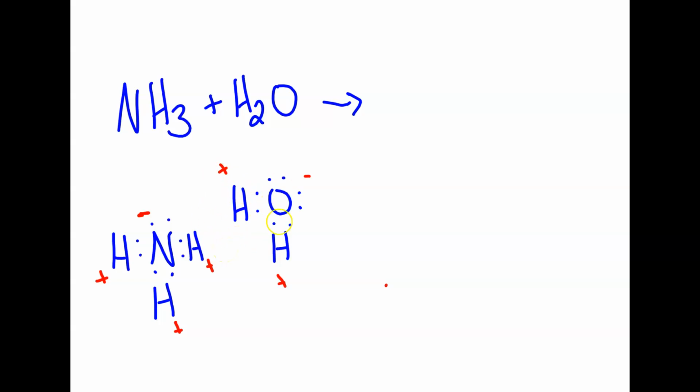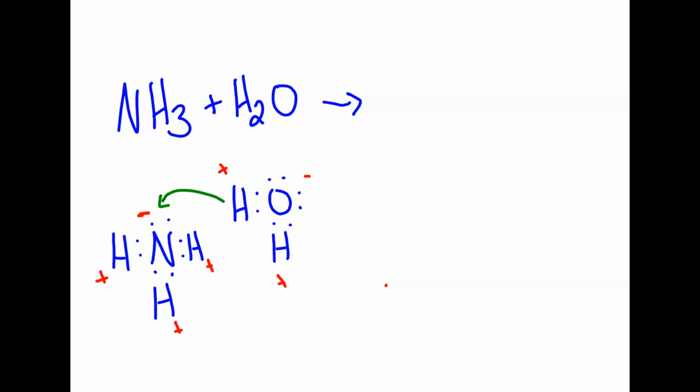And guess what? Oxygen is so strong that it's going to hold on to these electrons, and hydrogen is very satisfied with that because there are 2 electrons here. Remember, hydrogen needs 2 electrons to fill its duet, its valence orbital. So it can leave the electrons behind and jump over to this molecule here, which will make a stable ion.